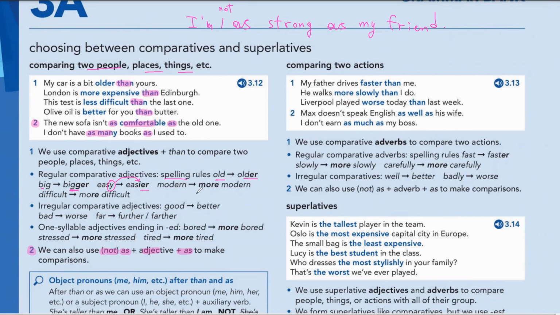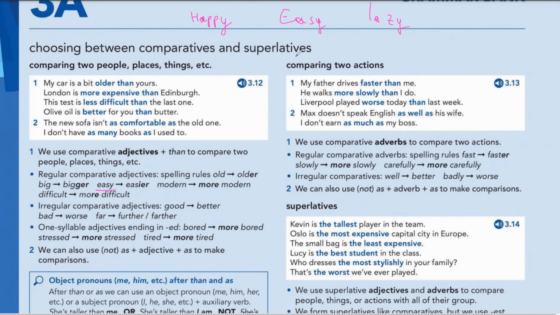Modern, two syllables, more modern. Difficult, more difficult, because they are long words. Easy or happy, they are also two syllables, but it's an exception. Look, happy or easy, easy or lazy, for example.